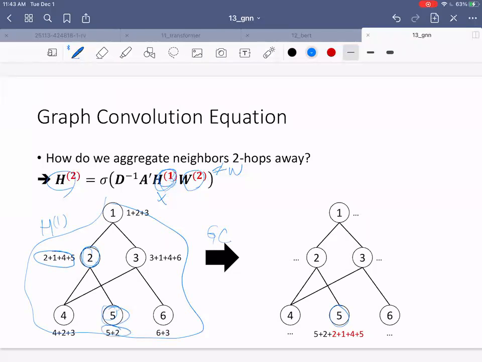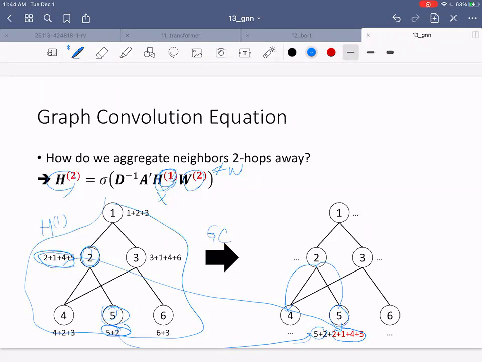So it's 5 plus 2, your previous self, plus 2 plus 1 plus 4 plus 5. That's how you get node information from two hops away, because 4 is two hops away from 5. So 1, 2.